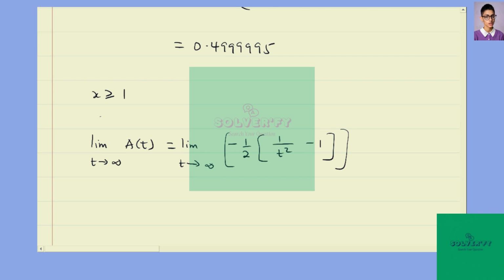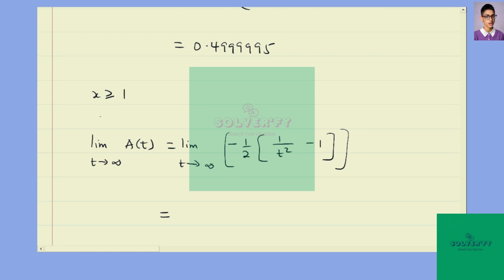If t squared approaches a very high number, then because it's the denominator, the whole thing here becomes zero, because 1 over a very huge number becomes zero.